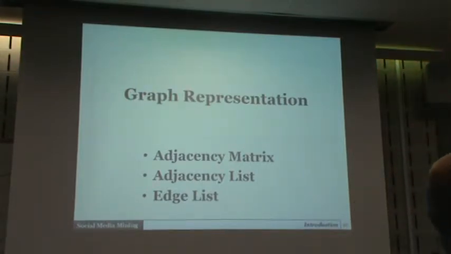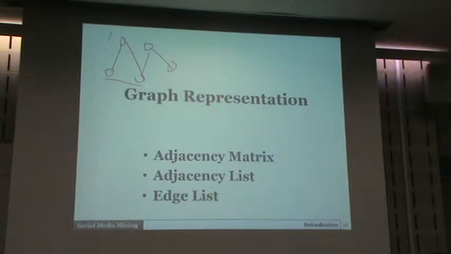So for example, when we have a graph like that, with node 1, node 2, node 3, node 4, node 5, we can build a 5 by 5 matrix.